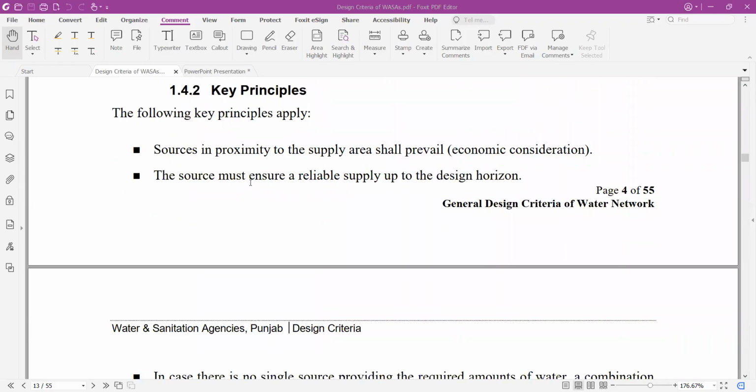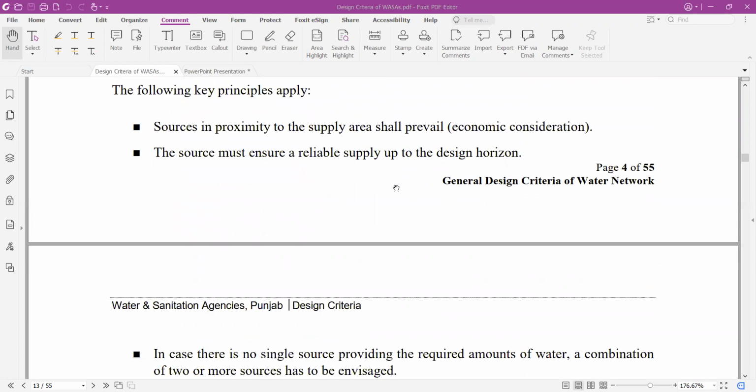The source must ensure a reliable supply up to the design horizon. For example, if you want to design a water supply system for 30 years, the quantity of water and the seasonality that occurs in that source throughout the year should fulfill the demand of that community for 30 or 35 years.